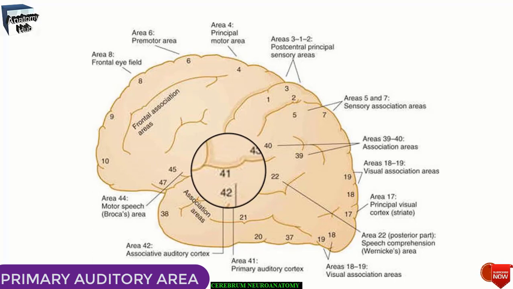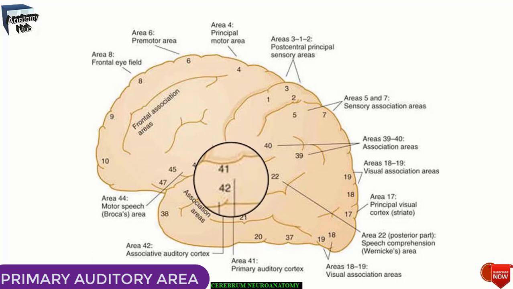And to be very specific, on the superior surface of the superior temporal gyrus, occupying the anterior transverse temporal gyrus and extending slightly to the adjacent part of the superior temporal gyrus. The primary auditory area receives inputs from the medial geniculate body through the auditory radiations, and the medial geniculate body receives input from the organ of Corti in the cochlea of the inner ear of both sides, but mainly from the opposite side.